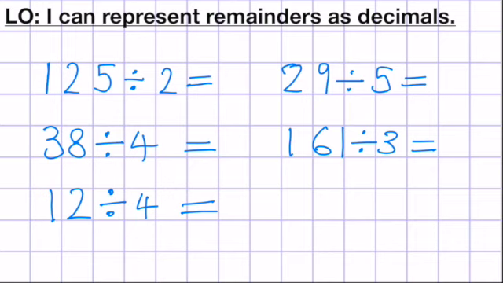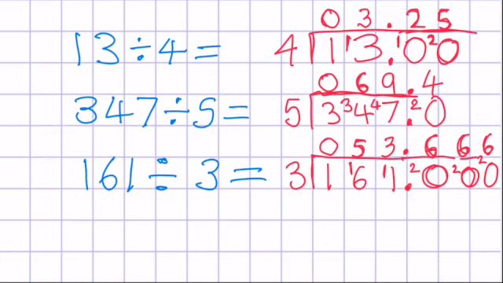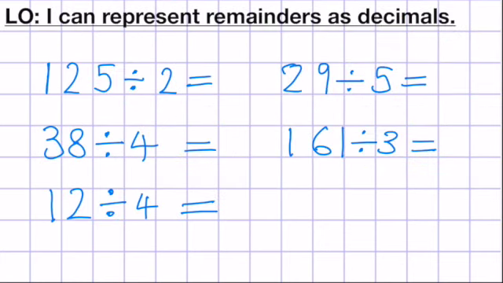Okay, here I have 5 for you to do in your books. 125 divided by 2, 38 divided by 4, 12 divided by 4, 29 divided by 5, and 161 divided by 3. Now, actually, we've just done 161 divided by 3.